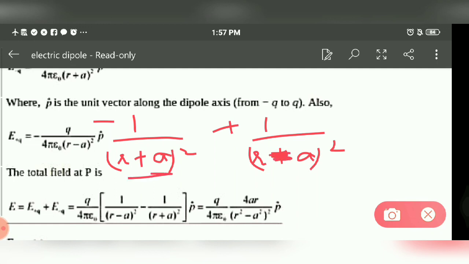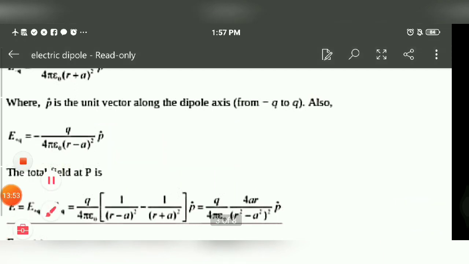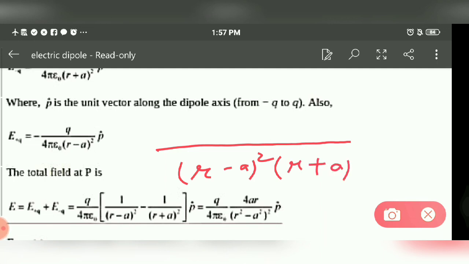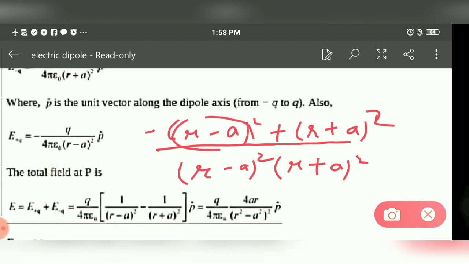Now, A plus B, A minus B. When we take the LCM, we get (R minus A) whole square, (R plus A) whole square in the denominator. So minus of (R minus A) whole square plus (R plus A) whole square. When we open this, A minus B whole square, A plus B whole square, this is what? A minus B, A plus B with a square.